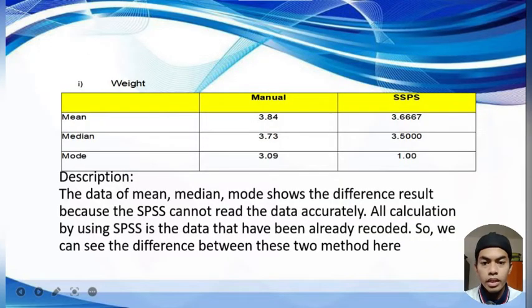For weight, the mean in manual is 3.84, for SPSS is 3.6667. For median, manual is 3.73, for SPSS is 3.50. And mode for manual is 3.09, for SPSS is 1.0. Description: the mean, median and mode show different results because SPSS cannot read the data accurately. All the data used above is already recorded.